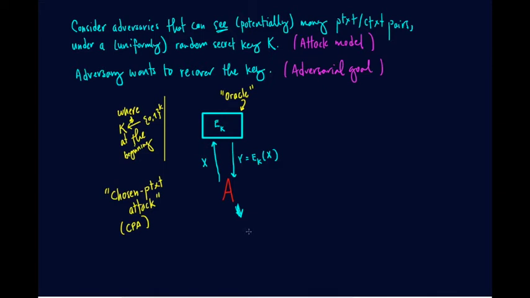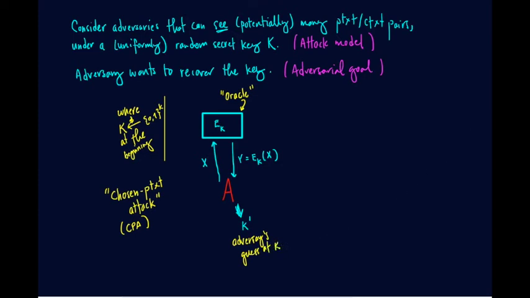But we don't know if it can recover exactly the key, so let's give it a different name. Let's say it outputs some value k prime, and you can think of k prime as being the adversary's guess at the key.